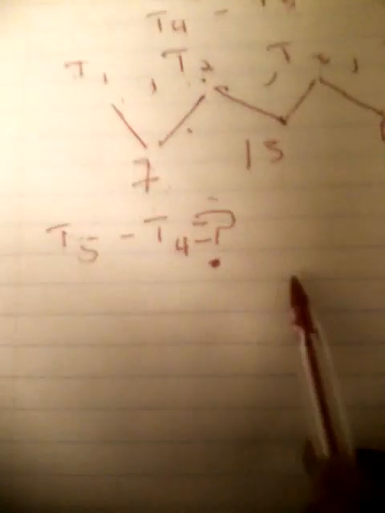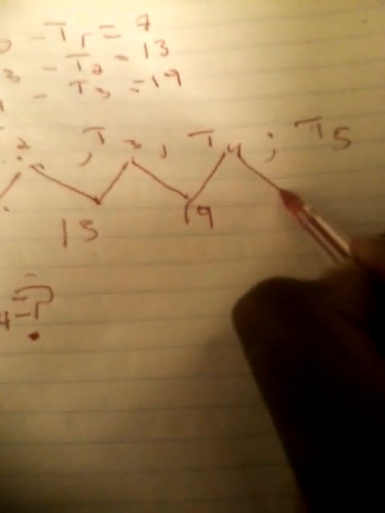They asked us to determine T5 minus T4. What is the difference between T5 and T4? We don't know that difference, so we have to find it from this sequence. 13 minus 7 is 6, and 19 minus 13 is 6.